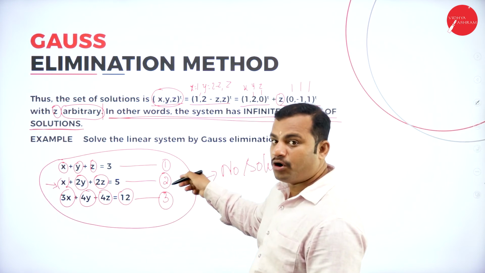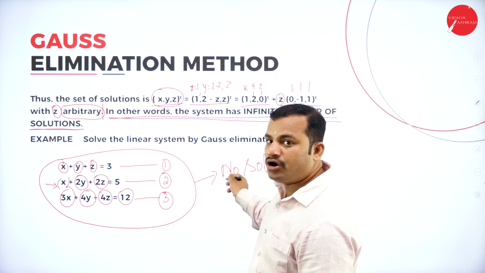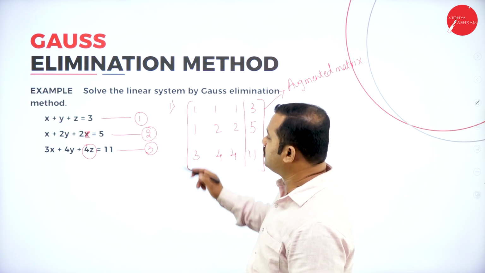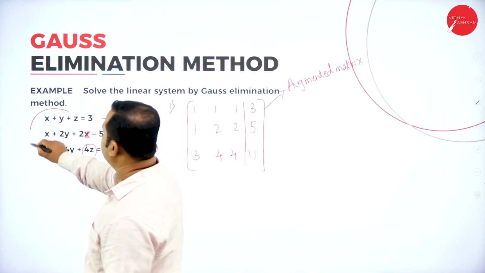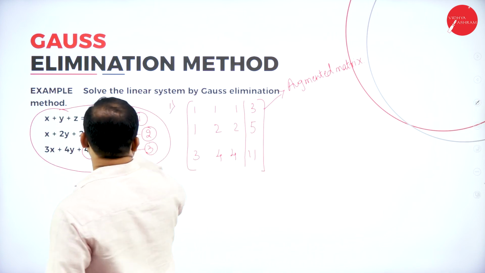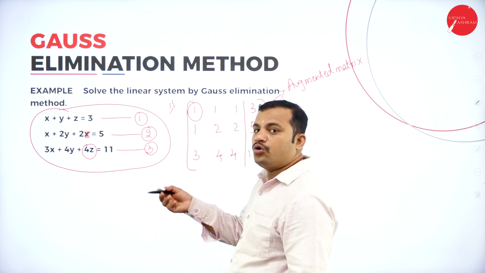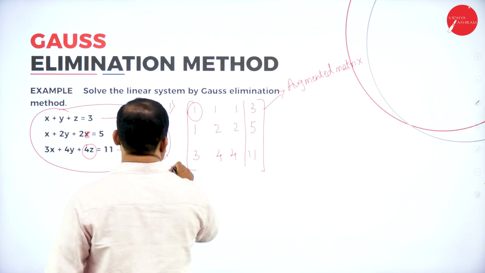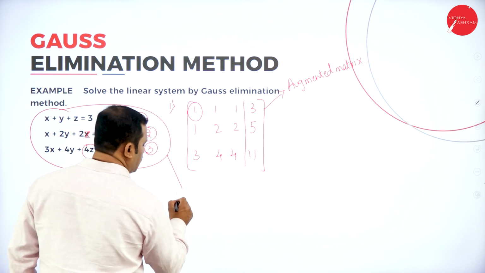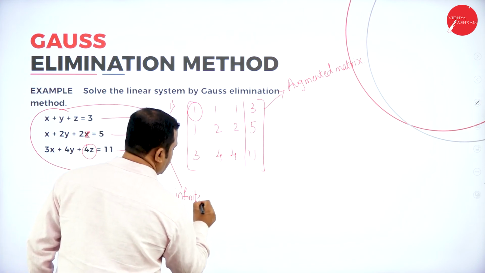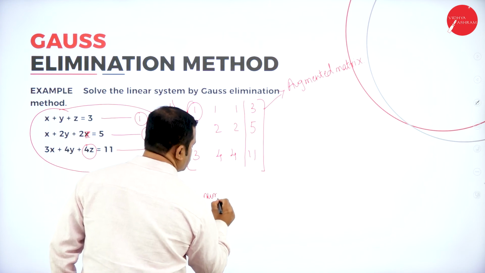Similarly, after this modification, we did not get any solution. For this, without any modification, even though the pivot element is non-zero, we have not obtained the correct solution. That is, infinite number of solutions for z.